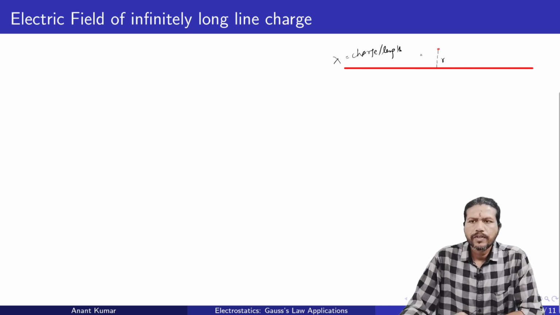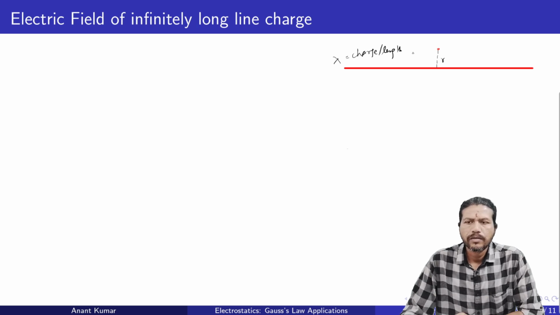As a Gaussian surface in this case, we shall draw a coaxial cylinder. So a cylinder which has the same axis as the wire, and the radius is exactly the same as the distance at which we are trying to find the electric field.